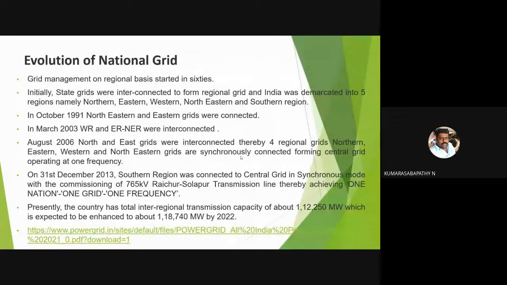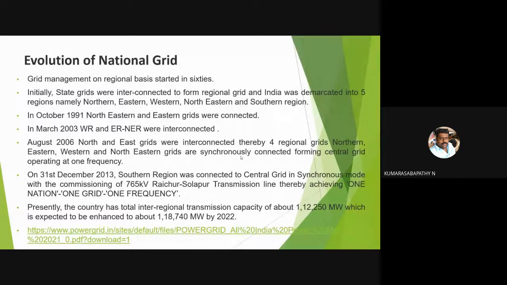Presently, every grid in our nation has been interconnected. Initially there were five regions: northern, eastern, western, northeastern, and southern. At present, these regions have been interconnected and come under one national grid.